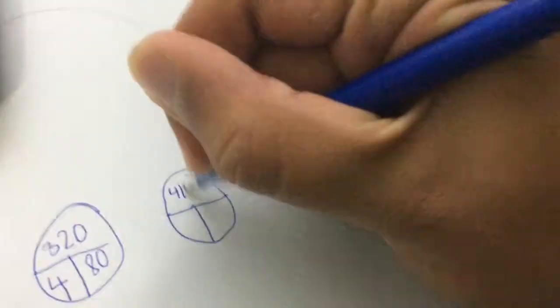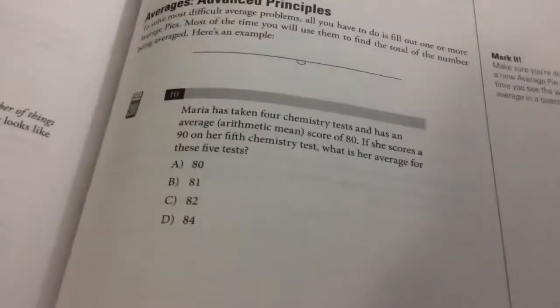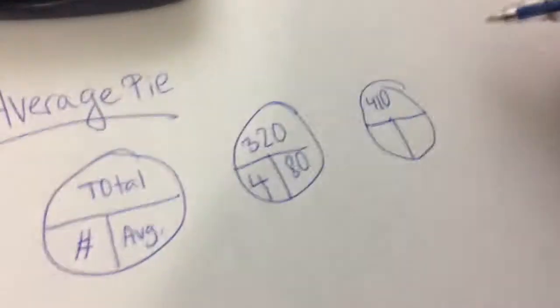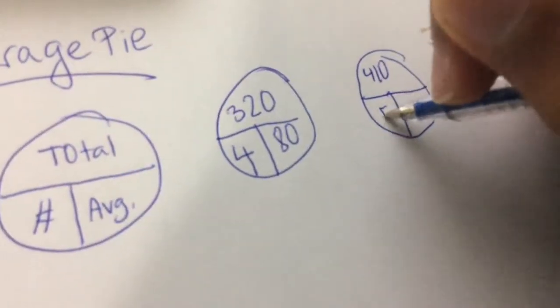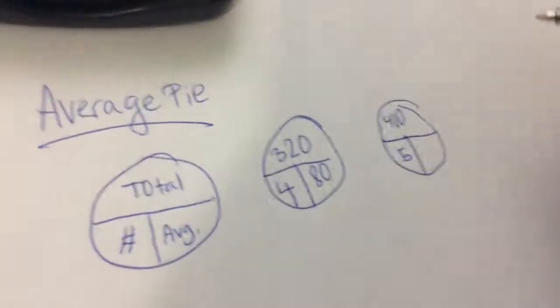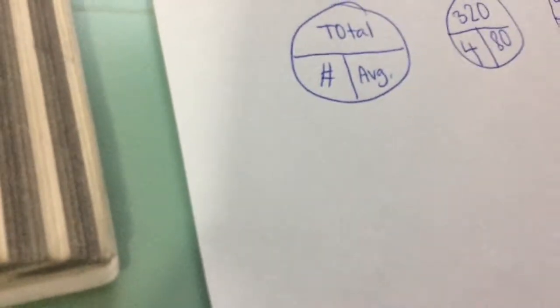I got confused, okay, and that must be equal to 410. The total of tests now is 5, so you just need to divide 410 by 5. That must be equal to 82. And of course, your answer must be 82. So we are right, okay, guys.